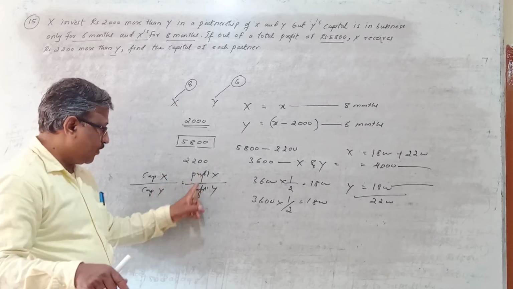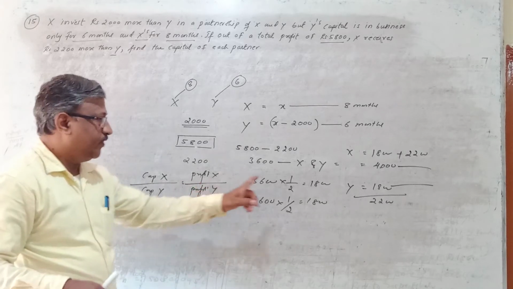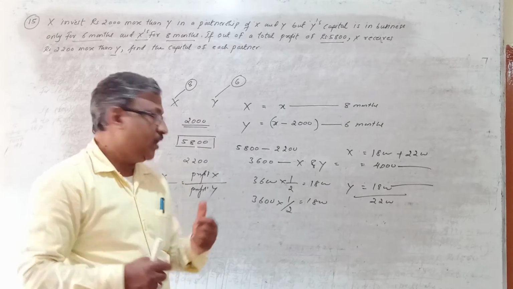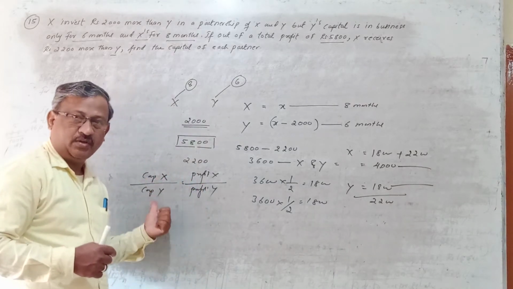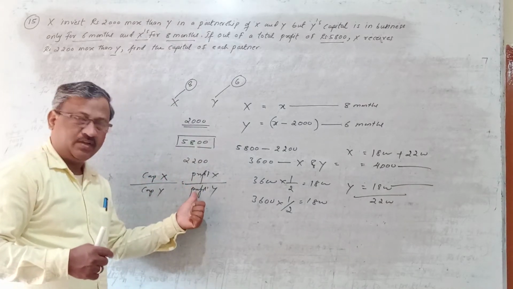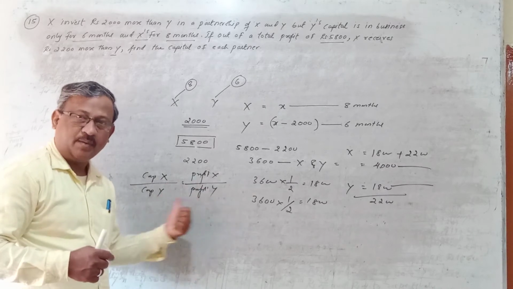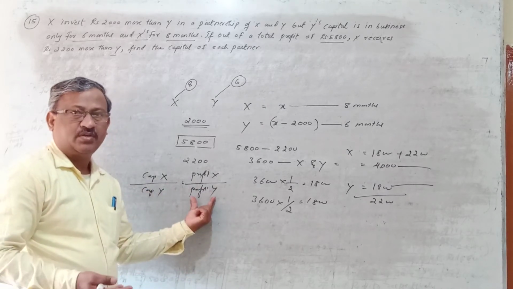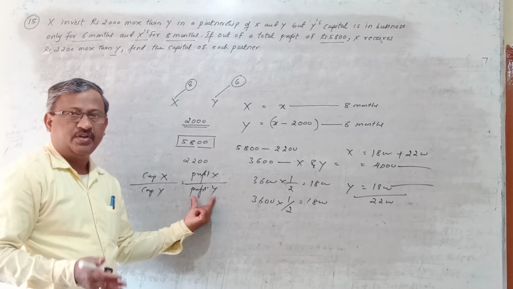That must be equal to the profit sharing ratio. Because whatever profits you have got, if you take these profits and remove the ratio, we have to get the capital ratio only. Because whatever profits we are getting come in capital proportion only, right? That's why my capital ratio is always equal to the profit sharing ratio.